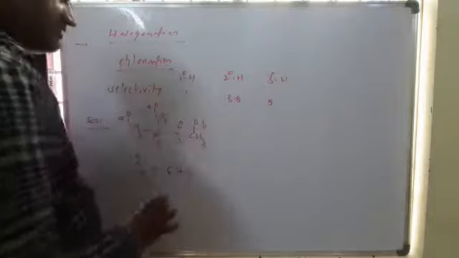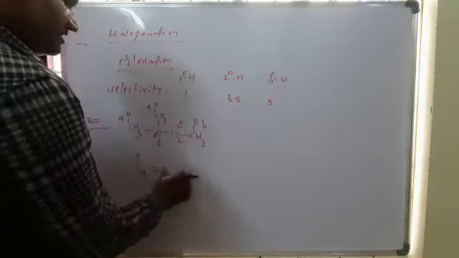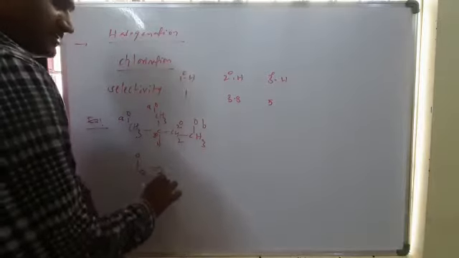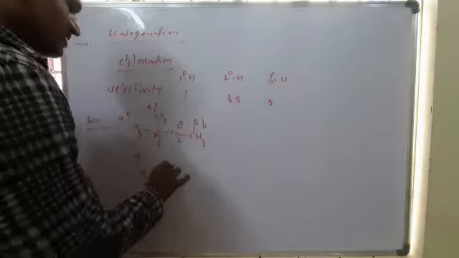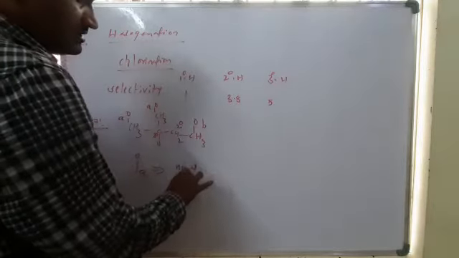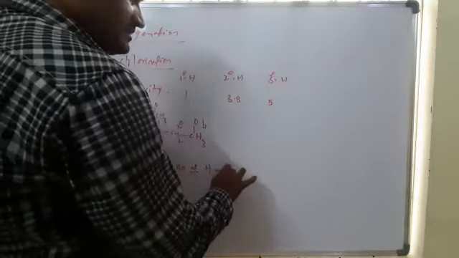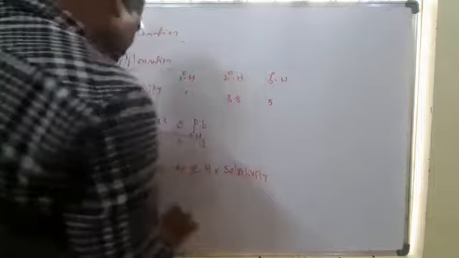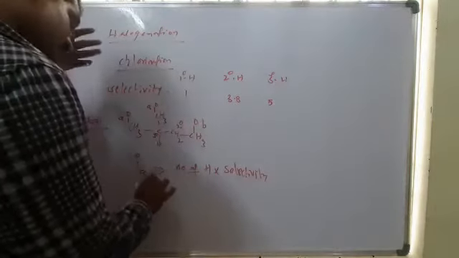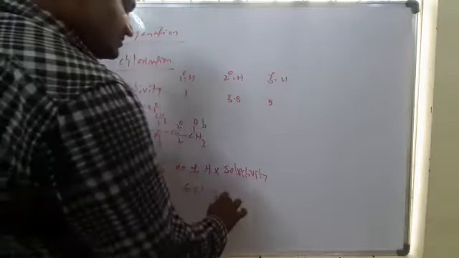The attacking chance, or attacking ability, is the number of hydrogens multiplied by the selectivity value. For primary A, 6 hydrogens into selectivity value 1 equals 6 times.